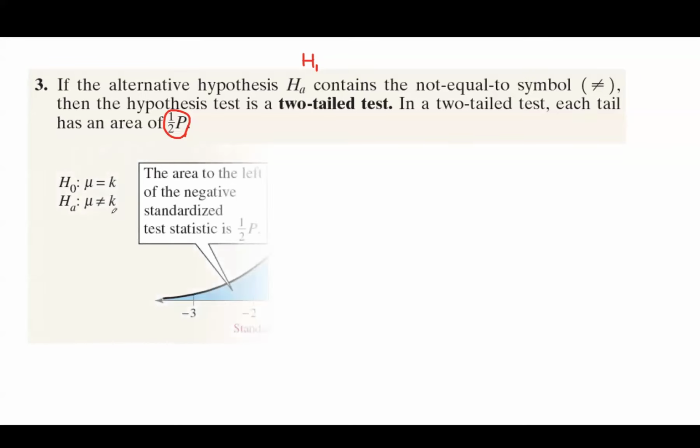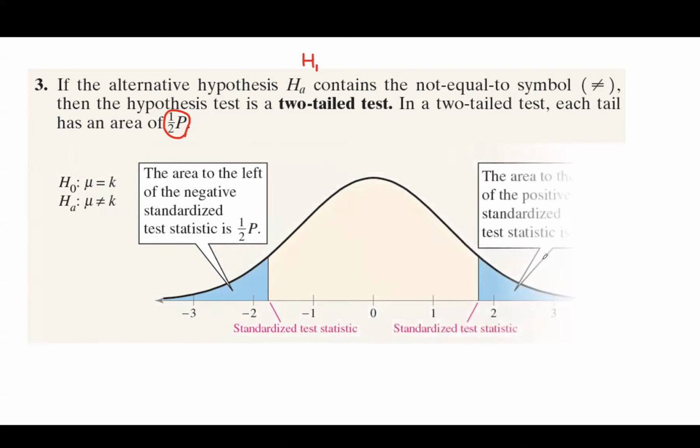So again, please pay attention. Half of the p-value is on the left. The other half of the p-value is on the right-hand side. So if you find the standardized test statistic and find the area to the left, you have to multiply by 2 to get the double of the area, and it's your p-value.